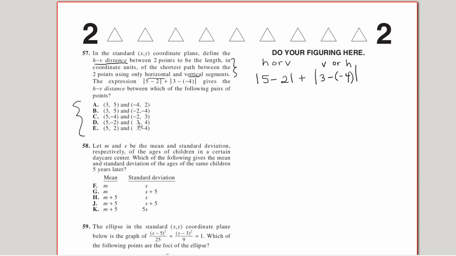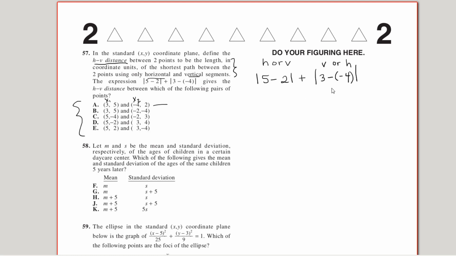So if we look at our points, the first one that we're given is 3, 5. When we're looking at horizontal distance, that's going to be of the x values. So we would have an x value here, we'll say x1, and then this is the x value 2. So do we have the case where we're subtracting 3 minus a negative 4?